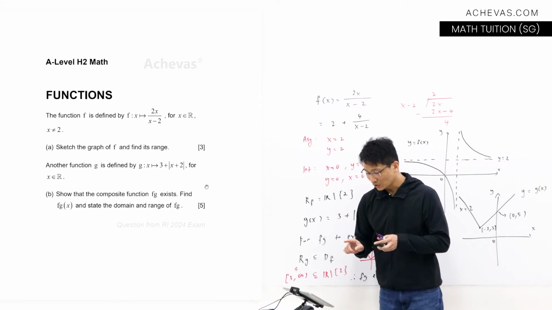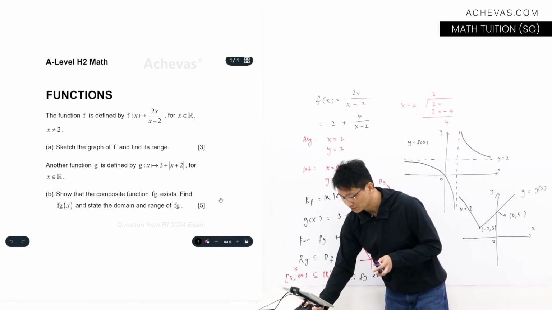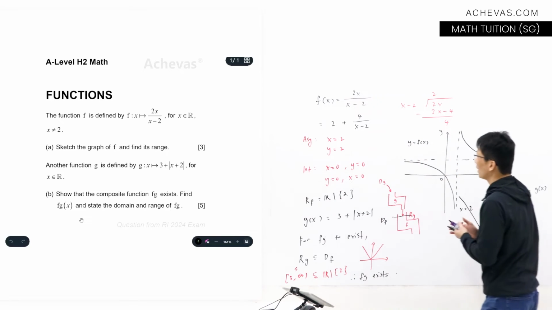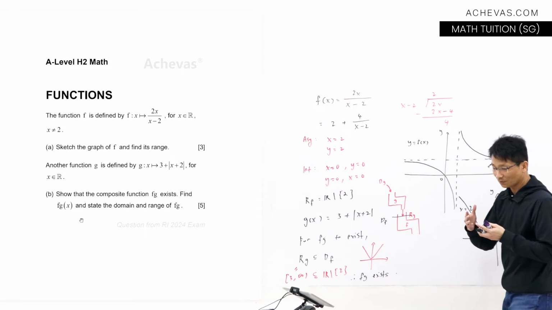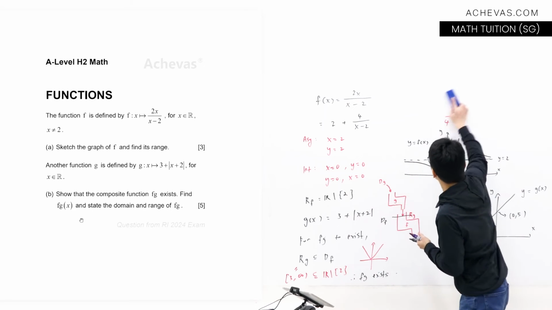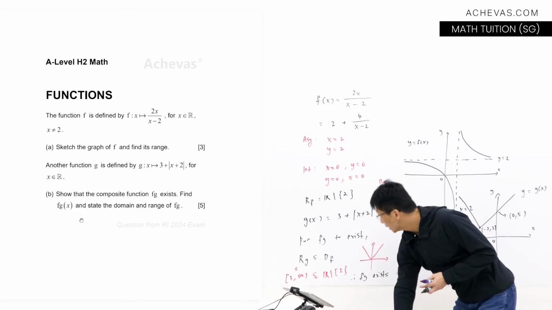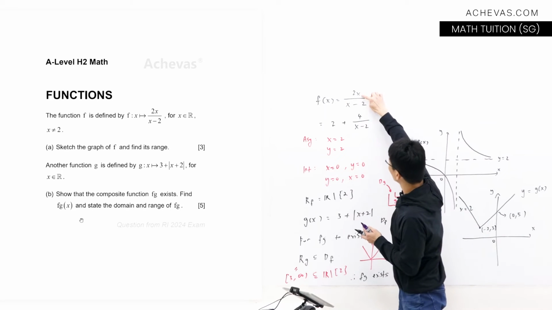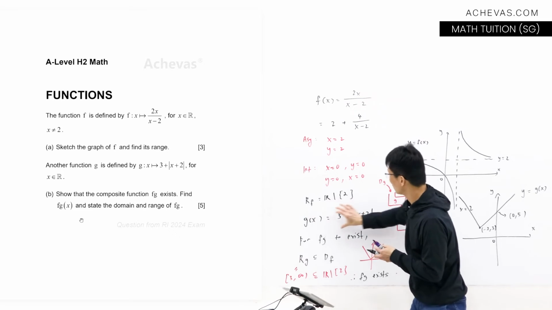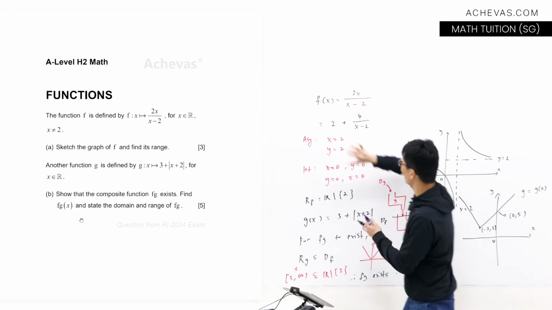And the next part of the question says that you're supposed to find the expression of fg. So finding the expression of fg basically means we are putting the function of g into the function of f. So what we are going to do here is we will be just replacing all the x we see with the function of g, because it's the function of g going into the function of f.